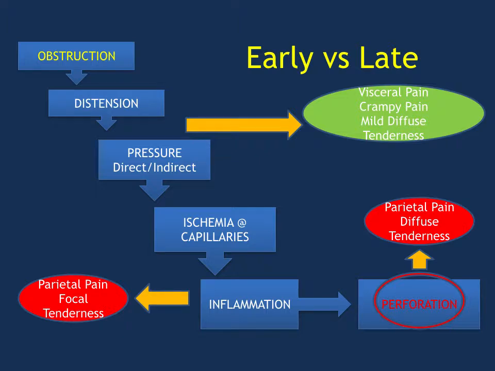But when somebody presents earlier in the process, we want to catch them when they are starting to have inflammation or showing signs of bowel that is under threat. This is when the inflammation occurs, the bowel is not happy because there's some vascular compromise occurring, and it is on the verge of potentially going into infection, necrosis and perforation. And we want to catch them before that.